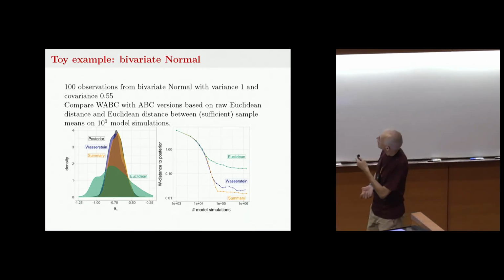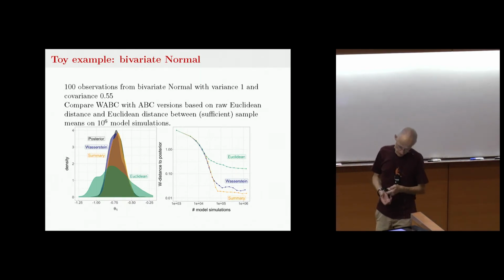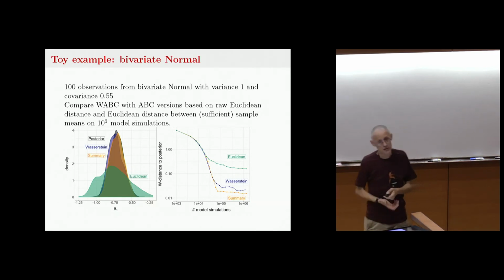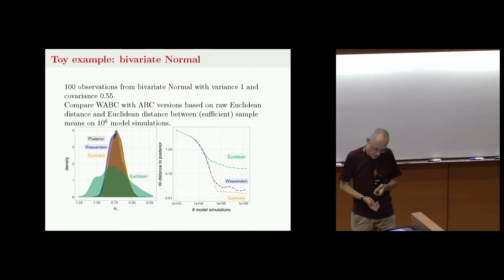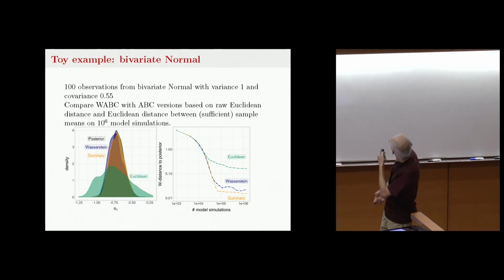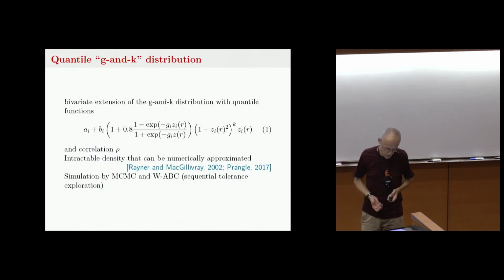Even though, of course, the Wasserstein is not using a sufficient statistic, but a modification of the data. On the opposite, using the Euclidean distance, even though eventually it should converge to the posterior, for a given simulation time is much worse. Okay. And well, compared with using the summary, the Wasserstein is not losing very much as the number of simulations grows.